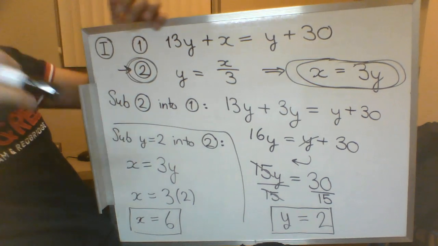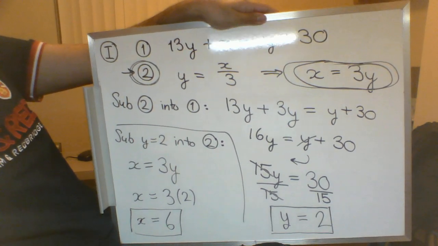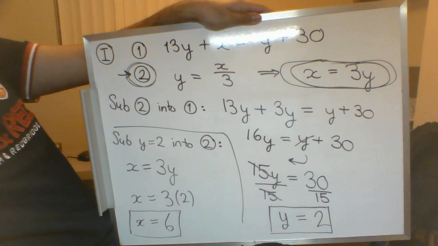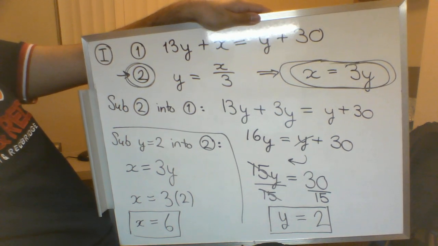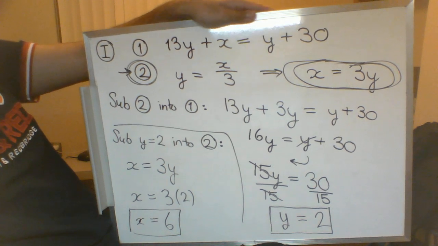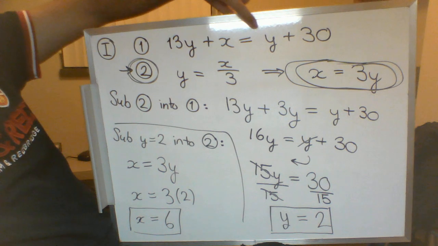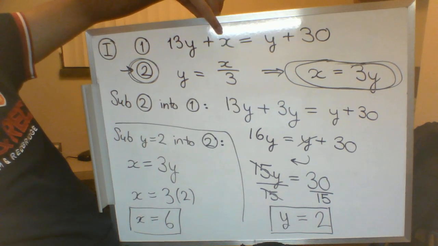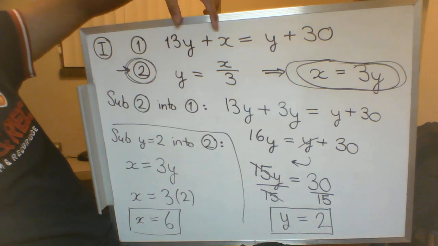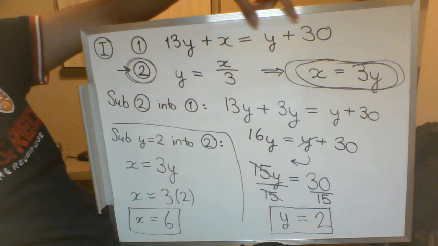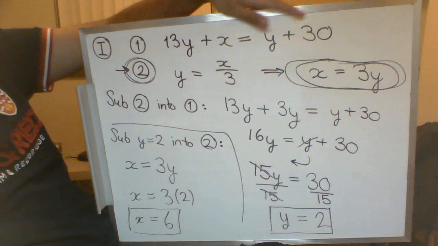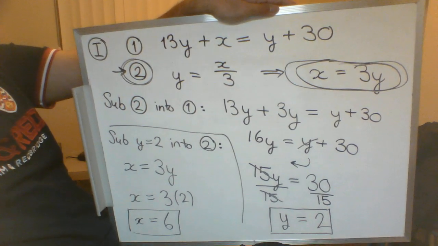Okay, so at this point you should be done. You've got an answer for y, you've got an answer for x. All that's really left to do is check your answer. So I'm going to leave that for you guys to do. Double check if you plug in y equals 2 up here and y equals 2 over there and x equals 6 over here, that the left side and the right side, when you do that multiplication and addition, come out to equal the same thing.